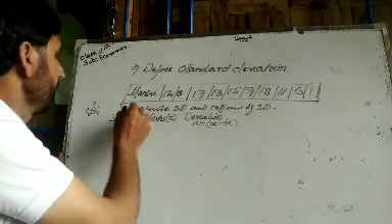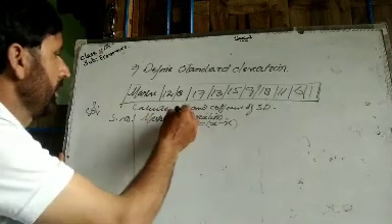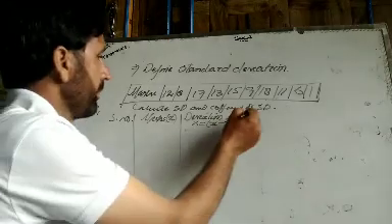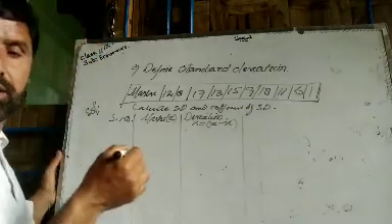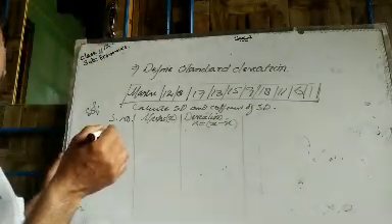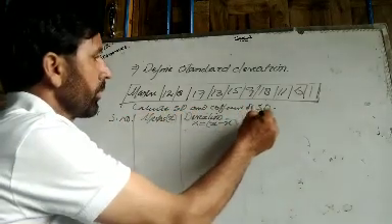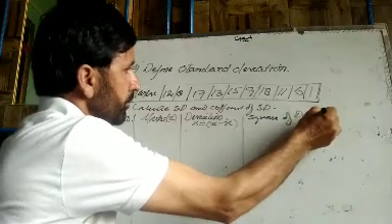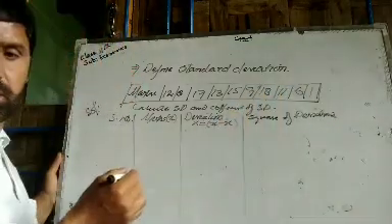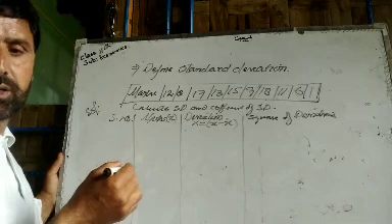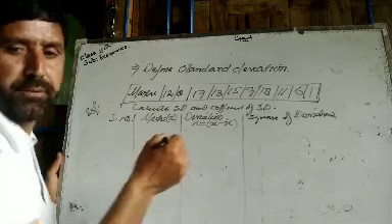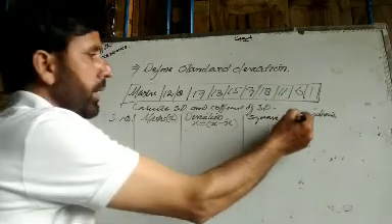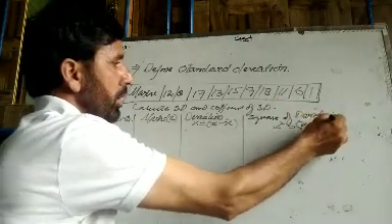So first is serial number, then x marks, then deviations, and then square of deviations, meaning x square, that is equal to x minus x bar square.